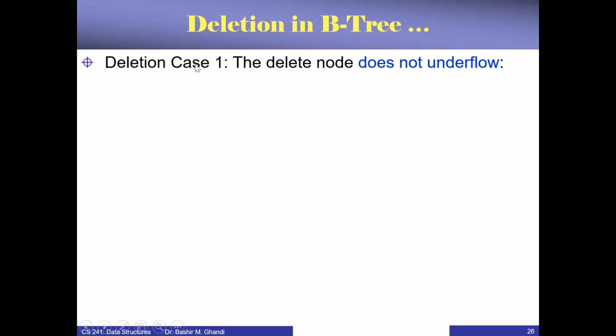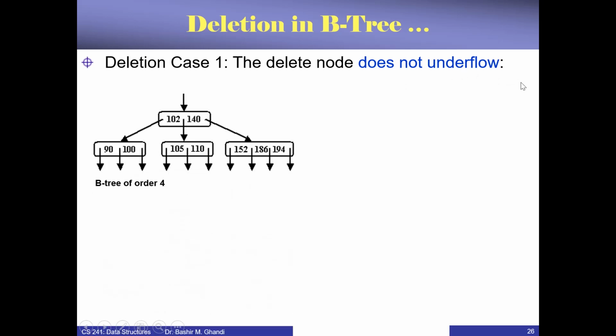Deletion case 1, where the node being deleted from does not underflow. This is the easiest case. Suppose you have a B tree of order 4 here, and we wish to delete 140. Notice 140 is not on a leaf node. This example is given specifically to show you what to do if the key being deleted is not on a leaf, because deletion must be done on a leaf.